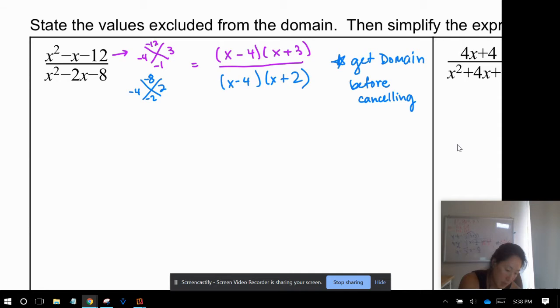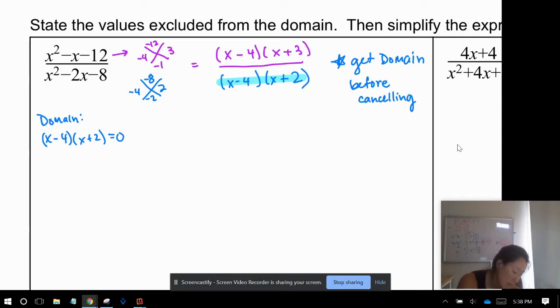To get our domain, we're going to take the bottom of the fraction and set it equal to 0. So right over here, domain, okay, x minus 4 times x plus 2 is equal to 0.